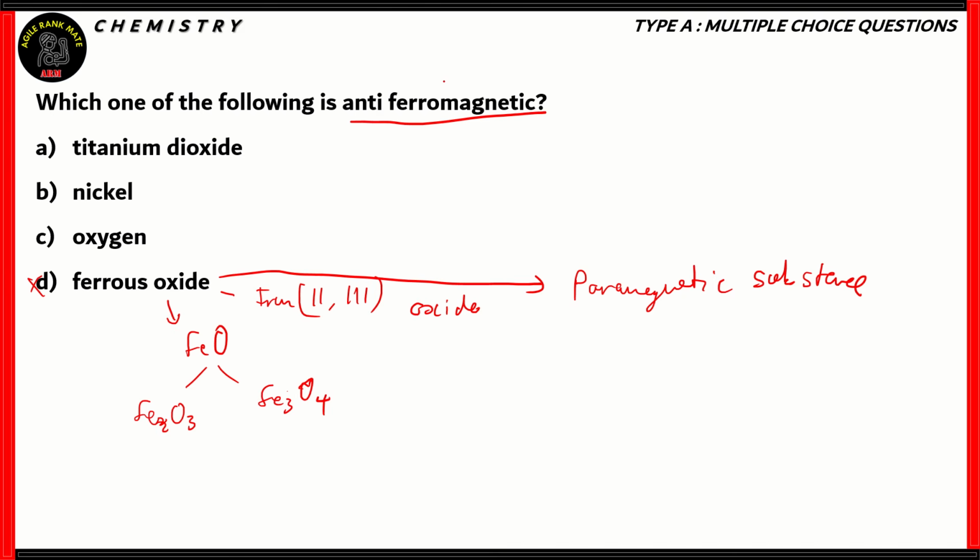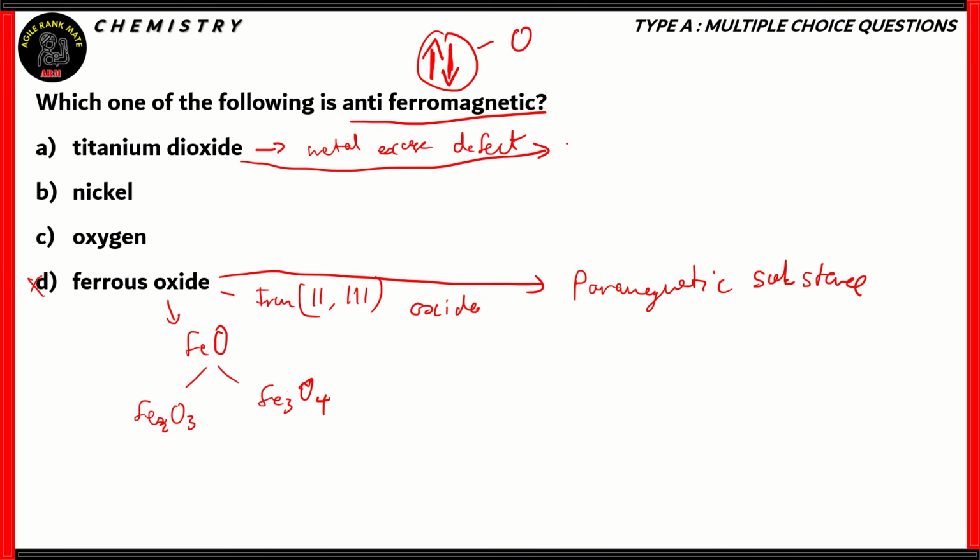It's not anti-ferromagnetic. The thing about anti-ferromagnetic is that they will have opposing dipole moments, which gives us a net dipole moment of 0. And that's what we're looking for. Option A, titanium oxide. Now, titanium oxide often exhibits what we call the metal excess defect.